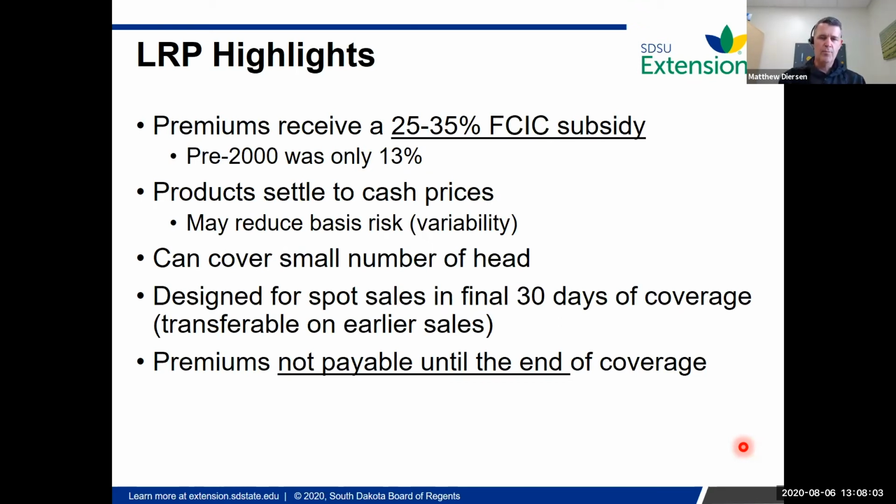So if you haven't looked at that product in quite a while, this year and going forward, the subsidy is 25 to 35% of the premium. So on, say, an $8 or $9 hundredweight option price that you're looking at, a 25 to 35% subsidy takes the cost down closer to, say, $5.50, $6.